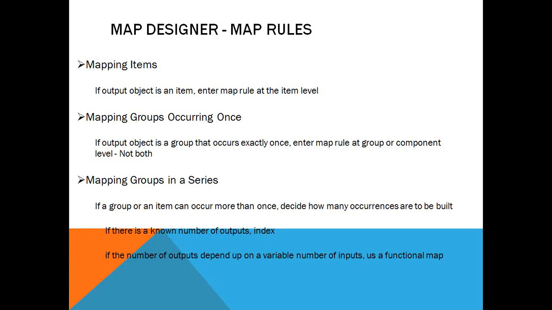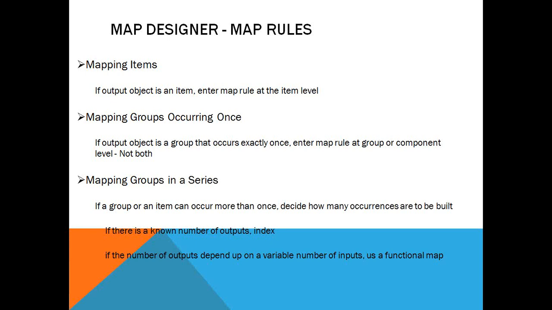If there is only one record, either you can write the mapping rules at item level or at group level. At group level, how can you write? Suppose both input group and output group are the same type, you can do one-to-one mapping at group level. Suppose it is a different group, you have to write the functional map, and within the functional map, you do the mapping rule.